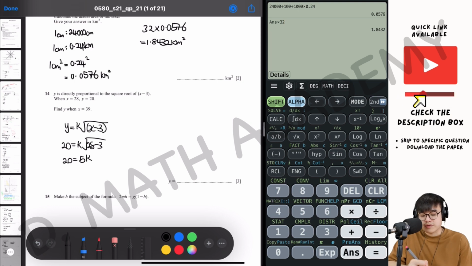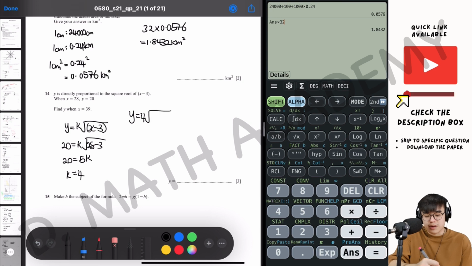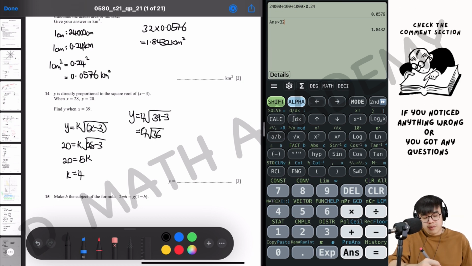Okay, 25 square root is actually 5. Your k should turn out to be 4. So your y value when k is 4 and x is 39, you actually get 4 times the square root of 36, square root is 6, times 4 is 24 as your final answer.